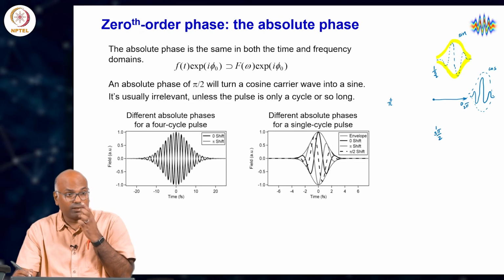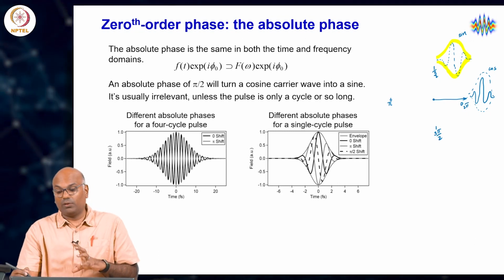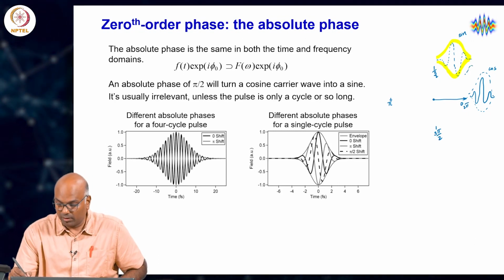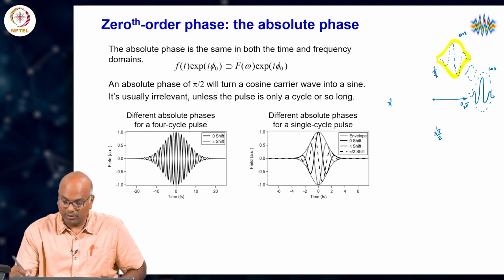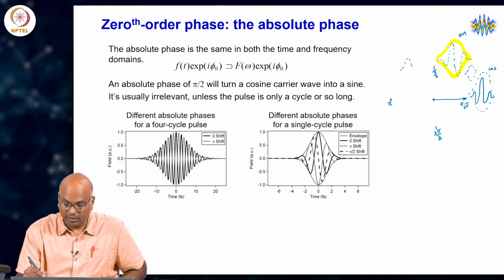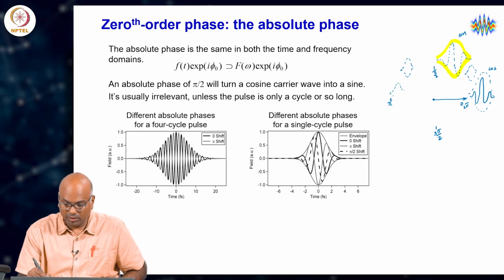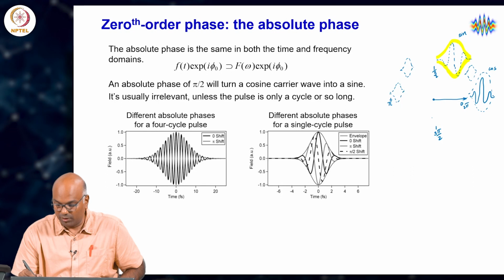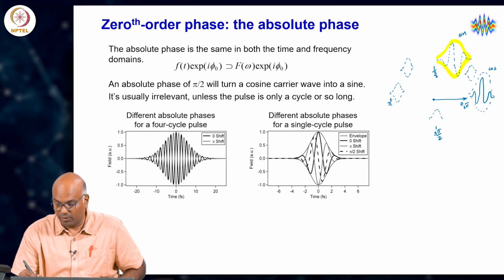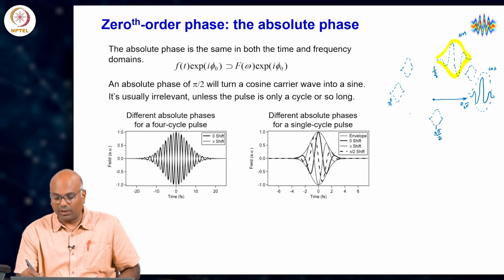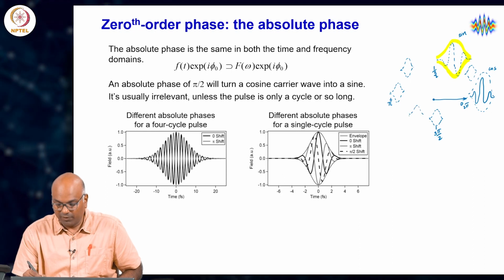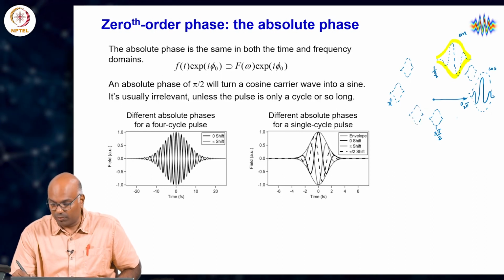So, all these are the shapes of the electric field in between. Here there is a shape of the pulse, here there is another shape, here there is a third. It is a sort of continuous variation of the shapes of the field amplitudes inside, right.